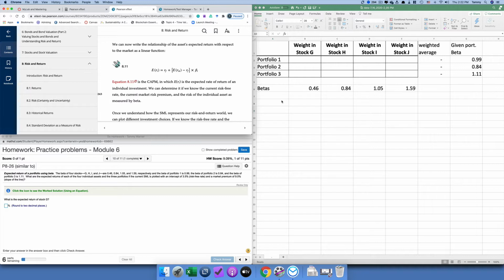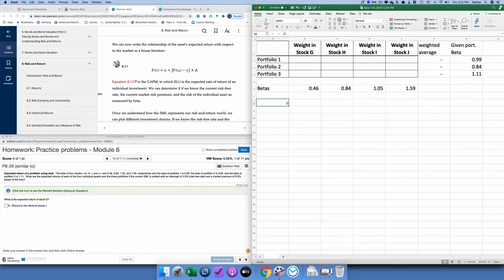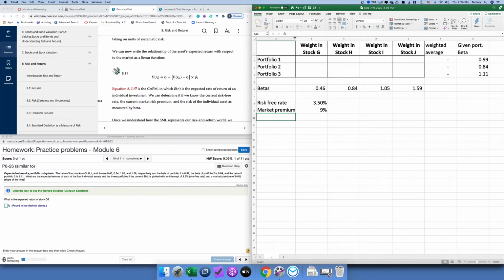Okay, so the expected return, let's see if we can set it up in Excel. So we have the risk-free rate. I find it's usually easier to think in English rather than Greek. So the risk-free rate, we are given this at 3.5%. Now when we speak of market premium, that is in fact this middle term here.